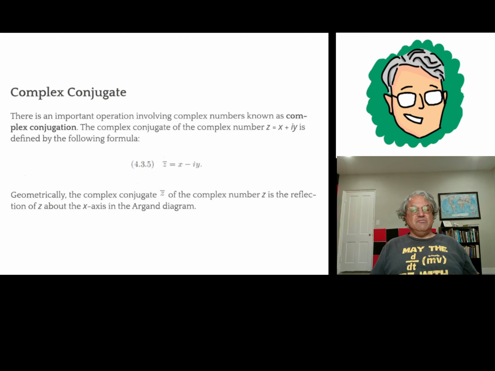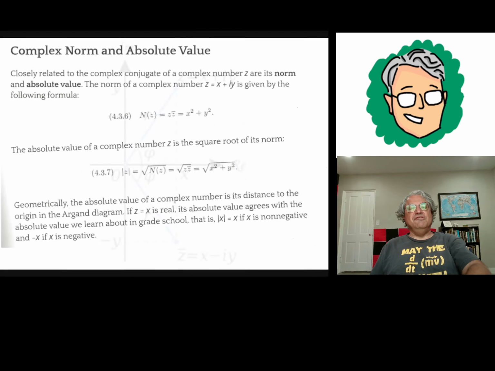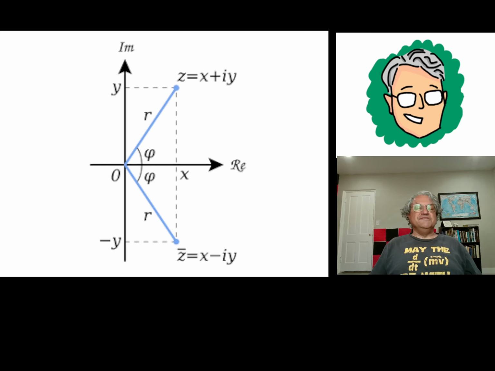So it's really just the same complex number, except the imaginary component is reflected about the x-axis. I may as well just skip to the picture here. They say a picture's worth 1,000 words. So you can think of z equals x plus iy. You remember I told you a couple lessons ago, you can think of this as a vector.